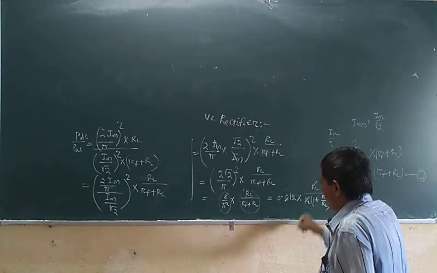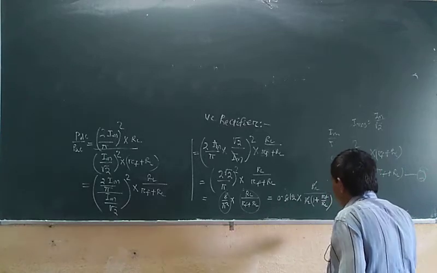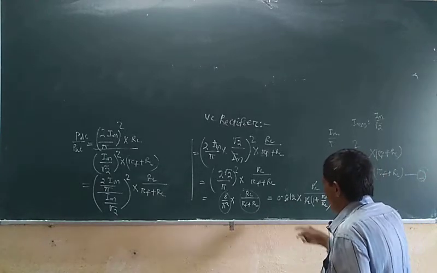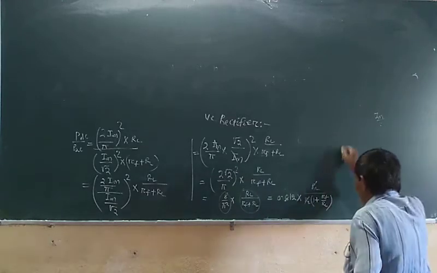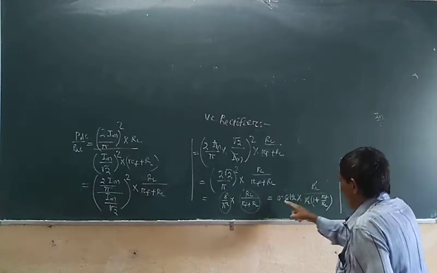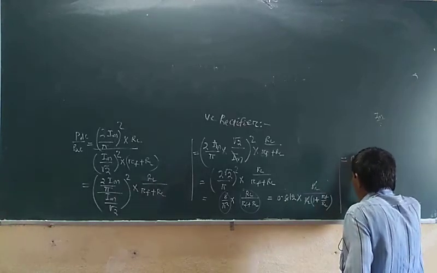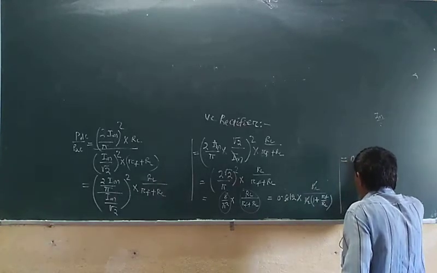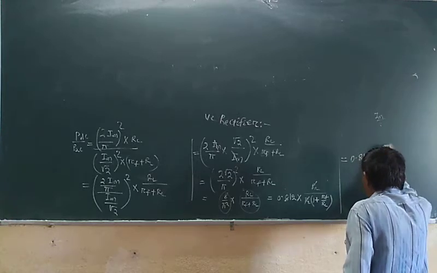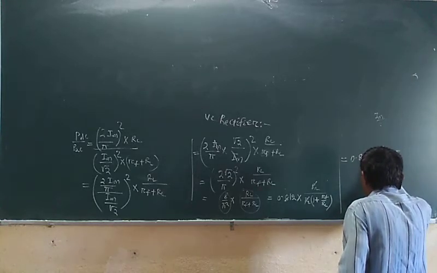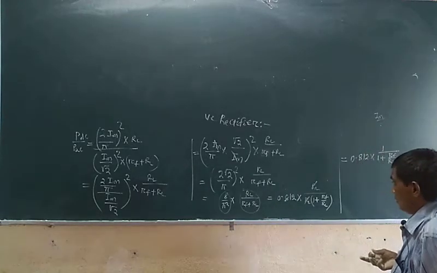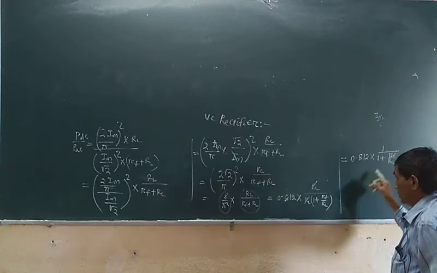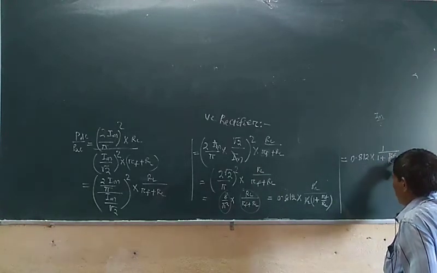Here RL cancels. Now that equals 0.812 into 1 by (1 plus RF by RL).